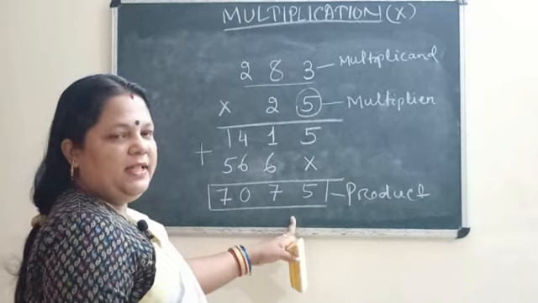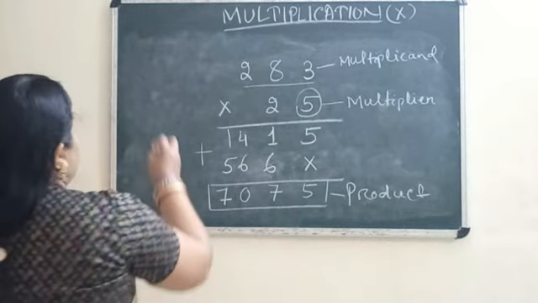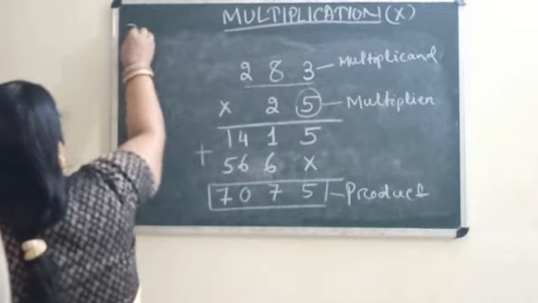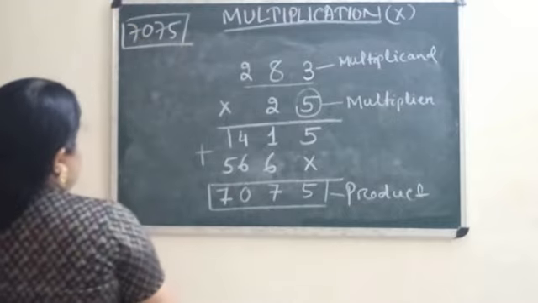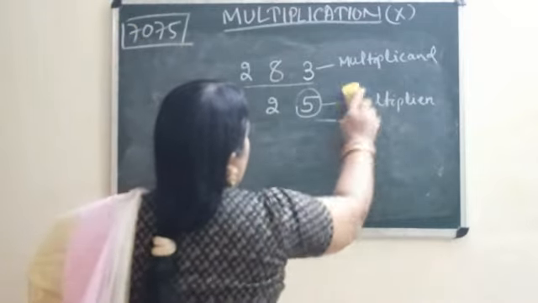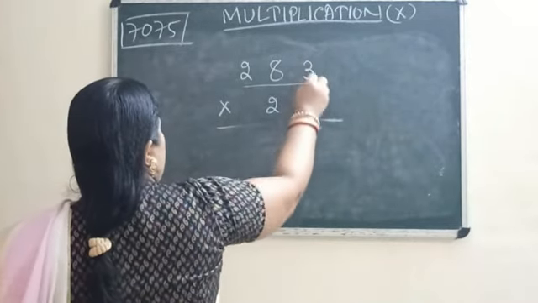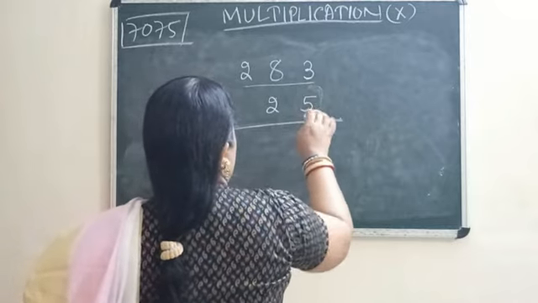We got the answer 7075. Then another method, how to find out? Remember this, we are writing the product 7075 here, and we are going to discuss another method. Okay, this 25.